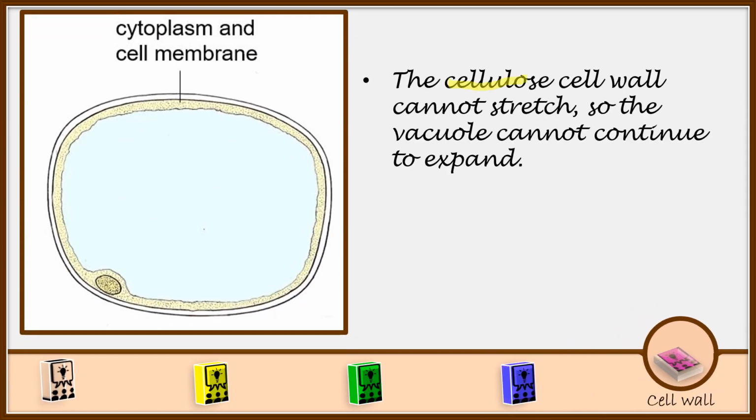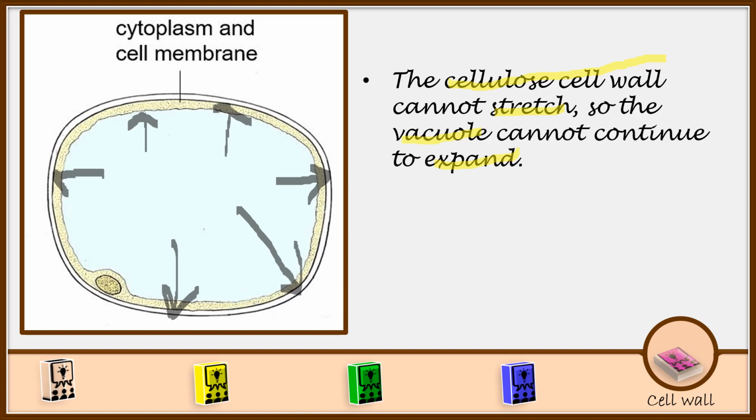The cellulose cell wall cannot stretch, so the vacuole cannot continue to expand. As the vacuole is expanding and applying pressure to the cell wall, a time is reached when the vacuole can no longer expand, because the cellulose cell wall cannot be stretched any further.